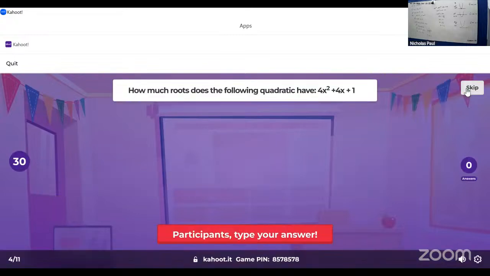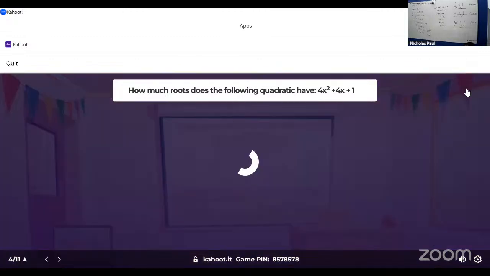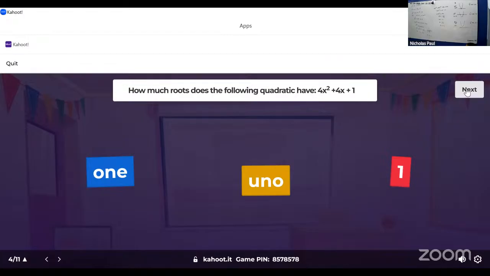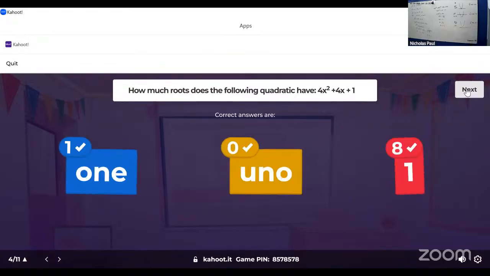No. How many roots does it have? How many? Right? P squared minus 4, you see we just do that. Why have 4 over there?